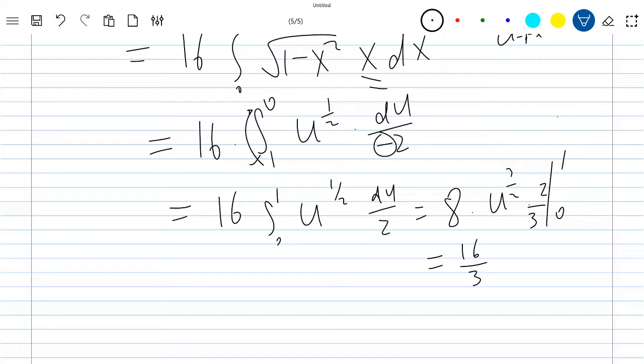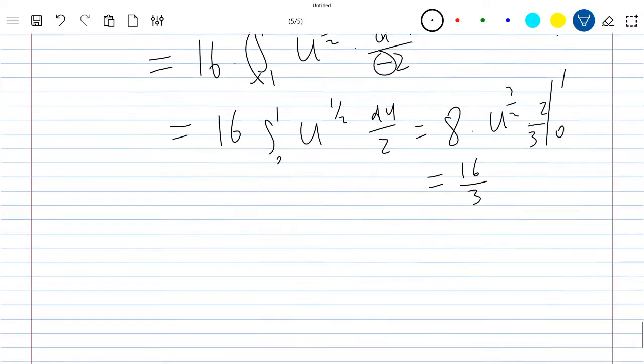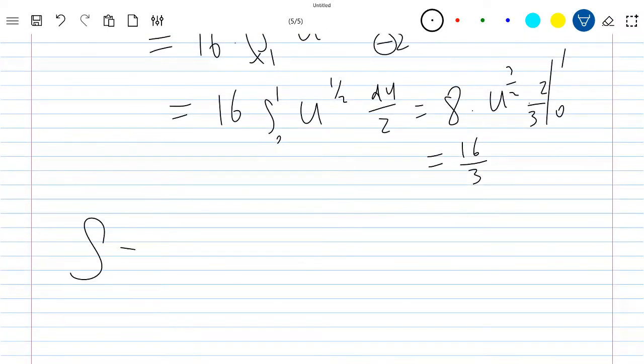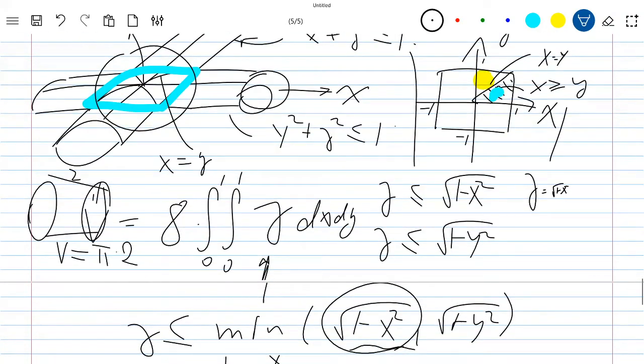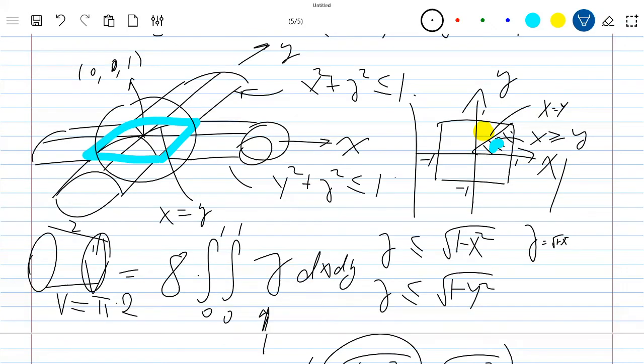Alright, now let's find out the surface area. That's harder, but it's still related. Our earlier analysis is still very relevant. So we can see the surface area also has the top half and the lower half. And actually it's also divided into 8 octants.